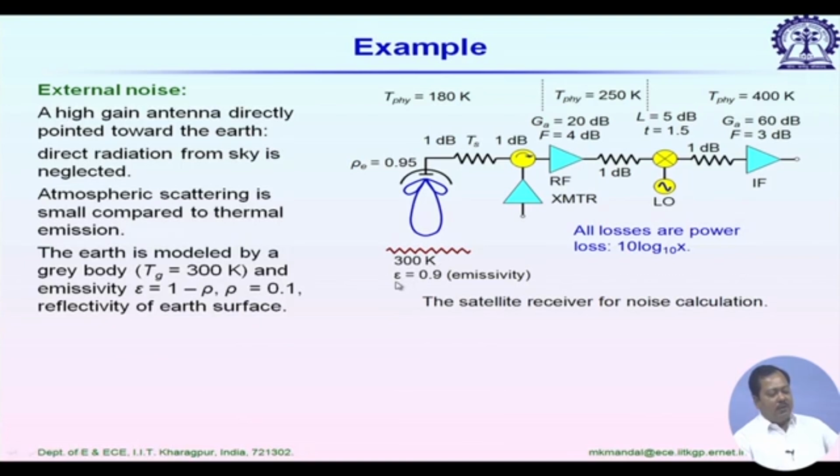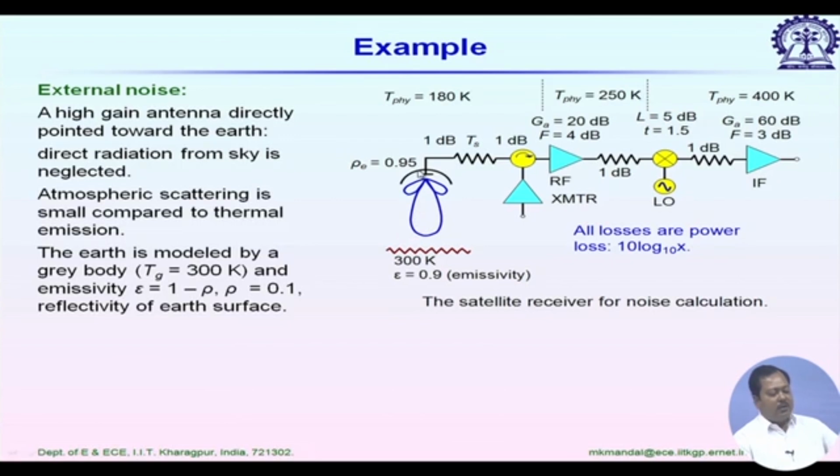Now what happened? If I look at the power received by the antenna, some part is due to emission from the earth itself, and another part is coming from the downwelling radiation from the atmosphere, which is being reflected by the earth surface and coming to the antenna.